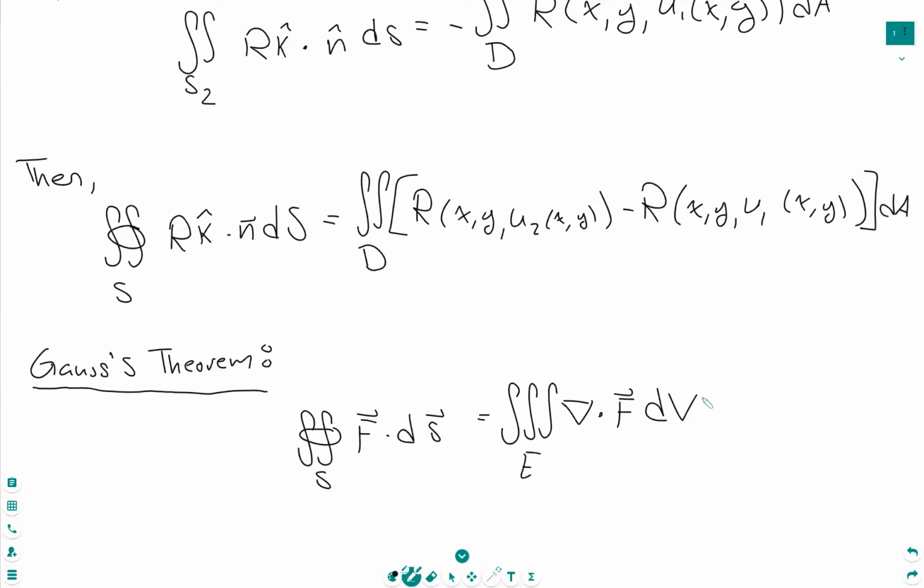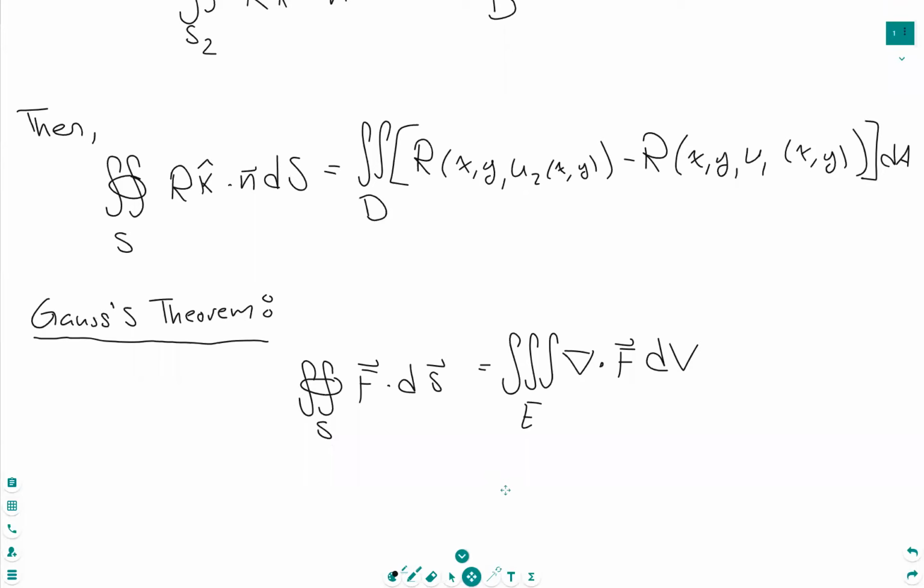How much of the divergence is inside this volume? And if you think about it physically, it makes sense. Remember, divergence has the physical meaning of how much is escaping a single point. And if you add up all of the things that escape the volume, it is how much is going through the surface. So physically it makes sense too, but we've also proved it mathematically.